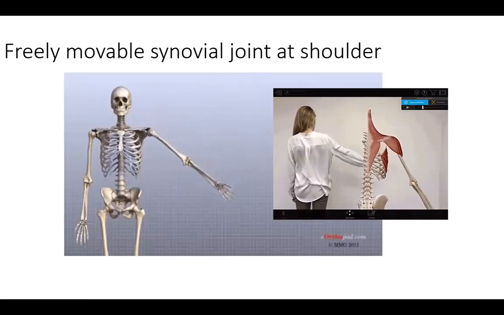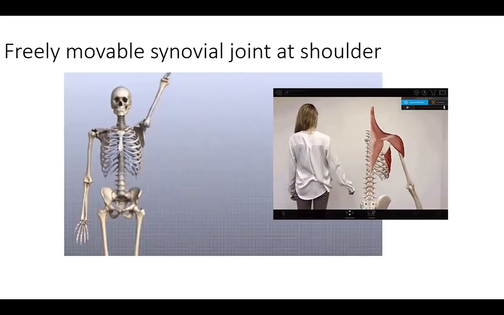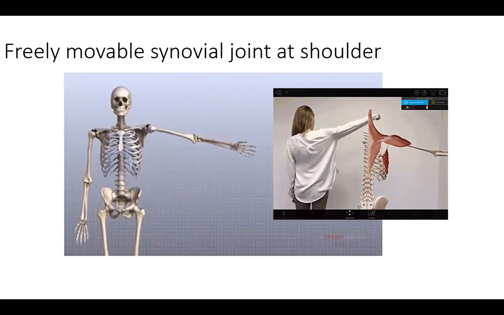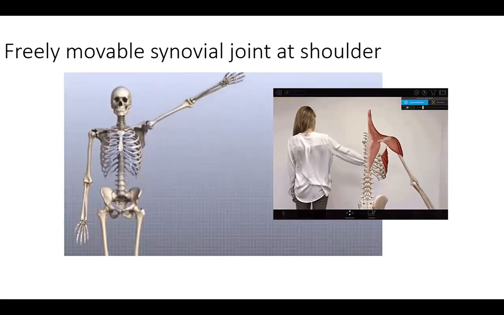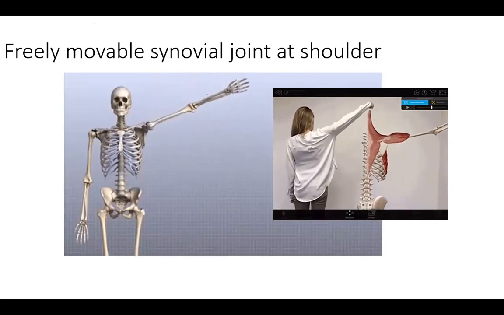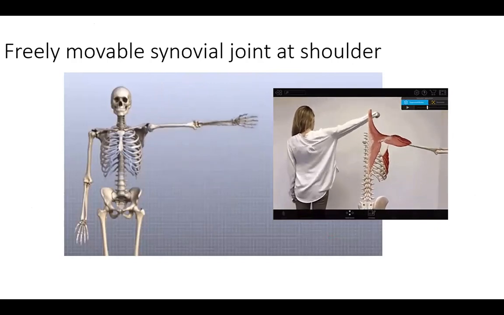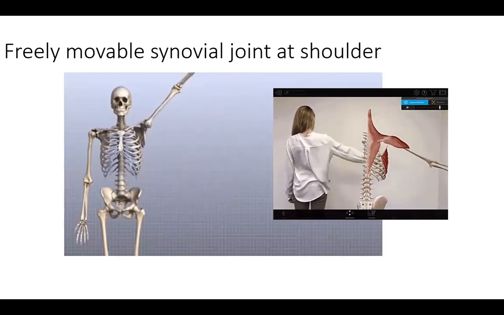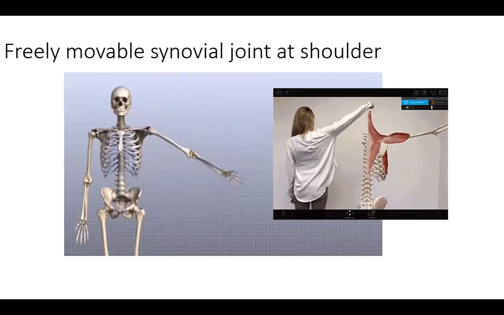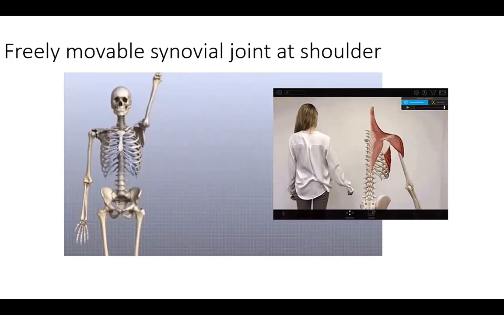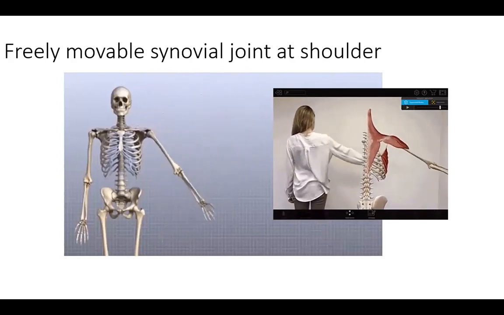I said that the knee is the most complex of the joints, but the shoulder has probably the greatest range of mobility, because our shoulder allows us to move our arm almost in a full 360 degrees. This shoulder joint here, the capsule surrounds the head of the humerus and the glenoid cavity. It also surrounds part of the acromion and part of the clavicle.